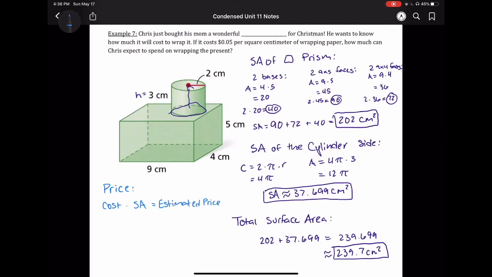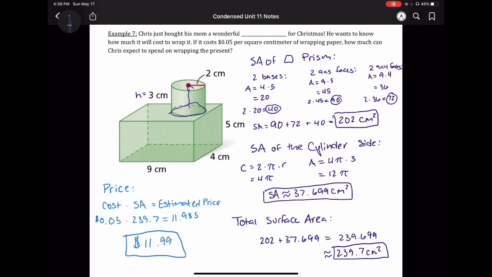So I have my cost of 5 cents times the surface area of 239.7, and that is going to equal my estimated price. 239.7 times 0.05 is equal to 11.985. So Chris can expect to pay at minimum $11.99.